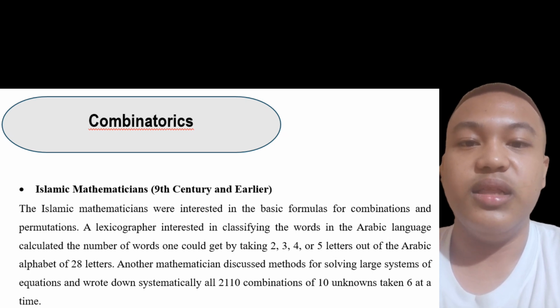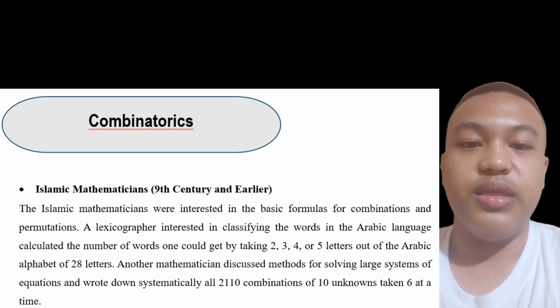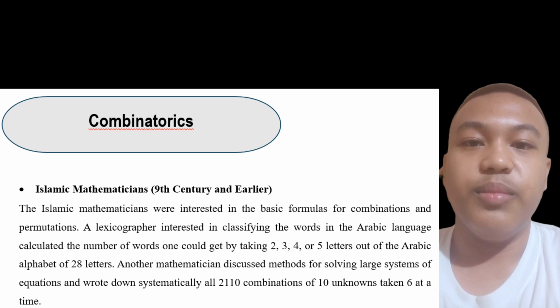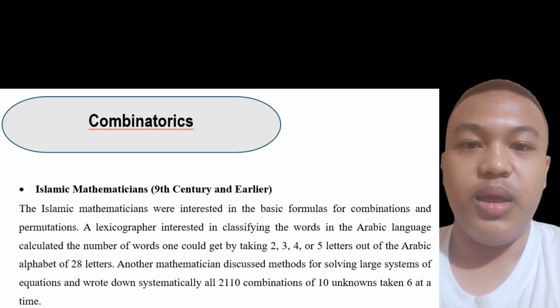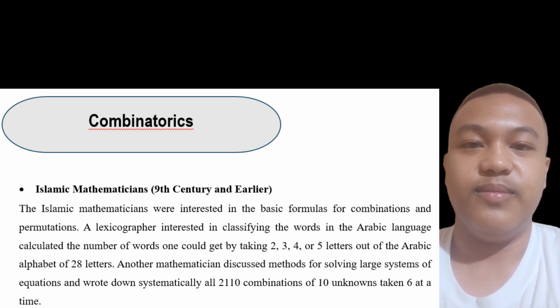His arguments lead to the combination of n taking r at a time. For example, if we take 3 letters from a set of 5 letters, then we can form 10 words. But for his example, he used the Arabic alphabet. Say we want to take 5 letters from the 28 Arabic alphabet, then we get 98,280 possible word combinations.